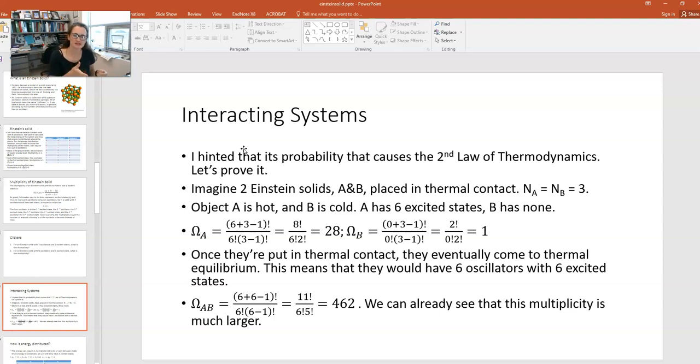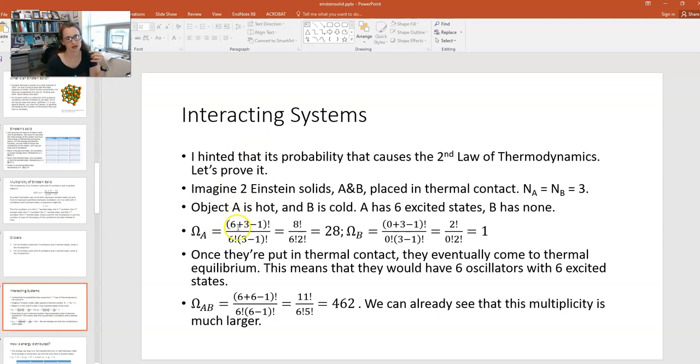And object A is hot and B is cold. So we're going to represent hot as having a lot of excited states and cold as not having many excited states. That makes sense, right? So let's say that object A has 6 excited states and B is really cold and it has no excited states. So we're going to use our functions for the multiplicities and find the multiplicity for A and B separately.